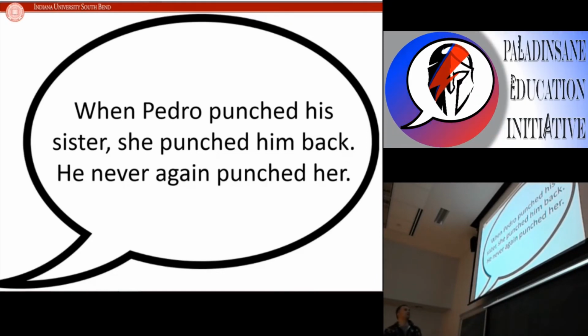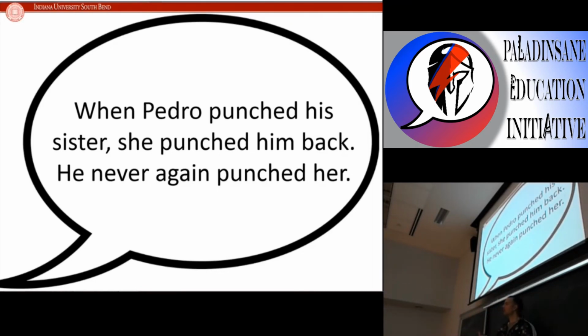Interestingly, this is one where, again, some people might get confused if you don't take it step by step, because of the she punched him back incident here. So when Pedro is under a contingency, in this case a positive punishment contingency, his sister, interestingly, is also under a contingency.